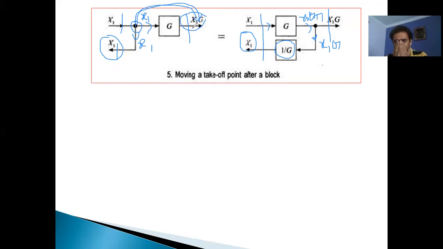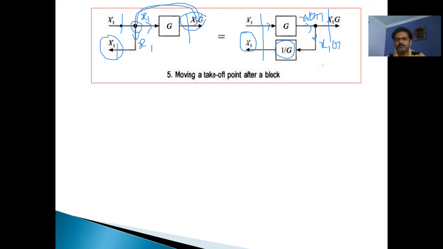Is it clear? So output and input are not going to change. But if I want to move a takeoff point after a block, in that case a block 1 by G is added at the takeoff point. That we have to remember. Previously, in the forward direction, while moving a summing point, block G is added at the summing point.